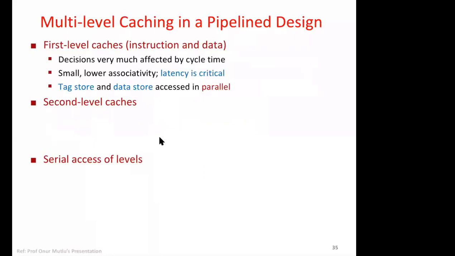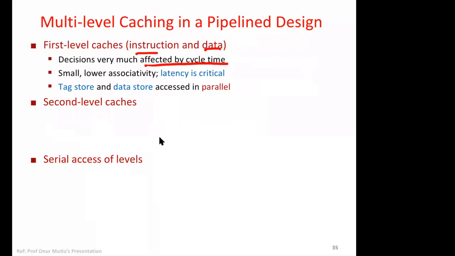Now let's look into multi-level caching in pipeline design. The first level caches are the instruction and data caches. Their design is very much affected by cycle time, because within a cycle we have to get an instruction and write into memory.